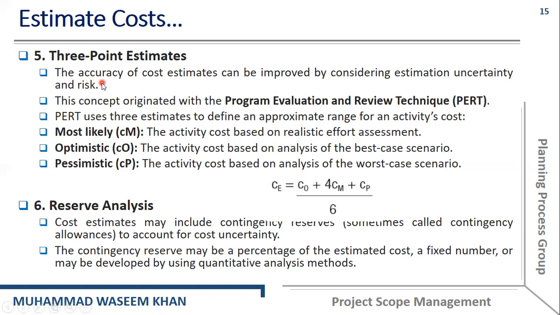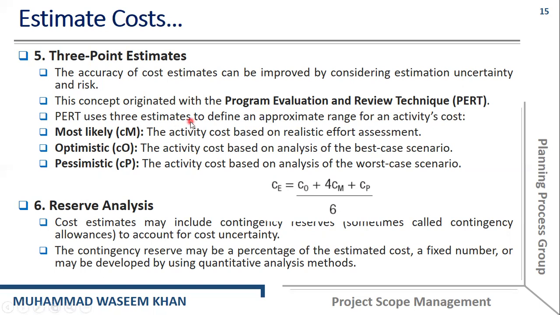So in this technique, we consider the uncertainty and risk. That's why we can improve the cost estimation of different activities and projects further. This concept originated from PERT, the Program Evaluation and Review Technique. We have also discussed the PERT technique in project schedule management.